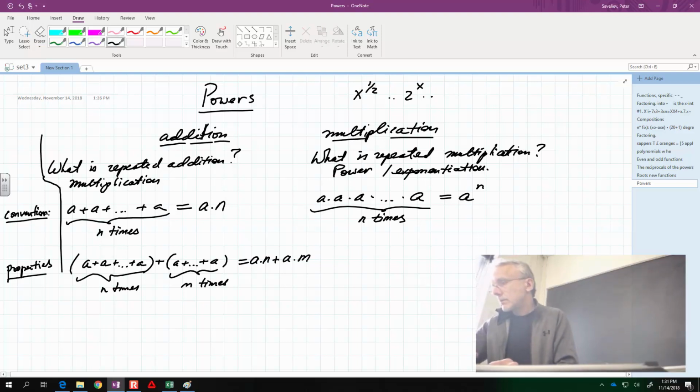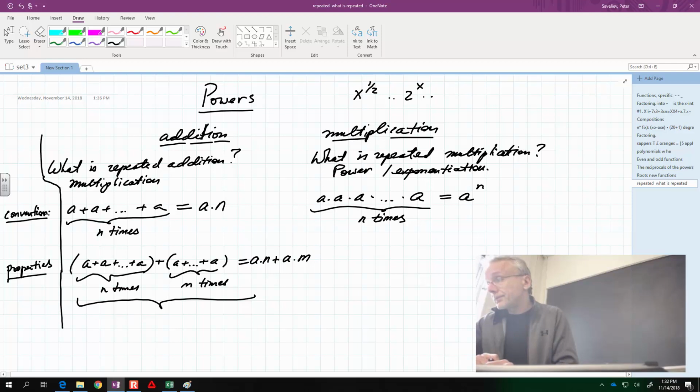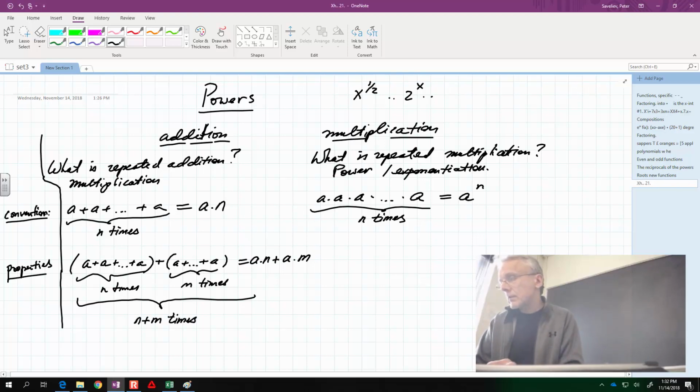If we start counting the number of times a appears, what do we get? A appears n times, and then it appears m times. Altogether, it appears n plus m times. Which means the whole thing is equal to what?